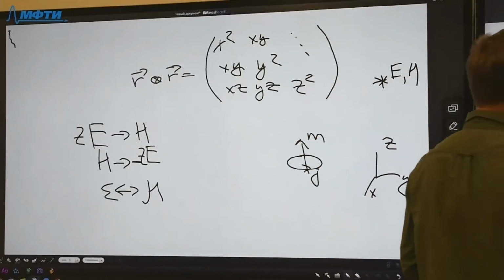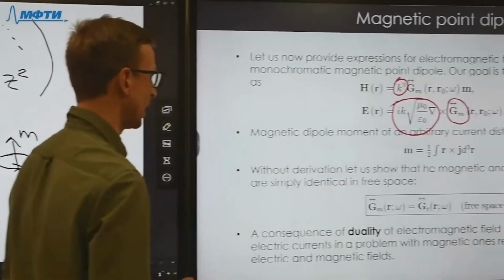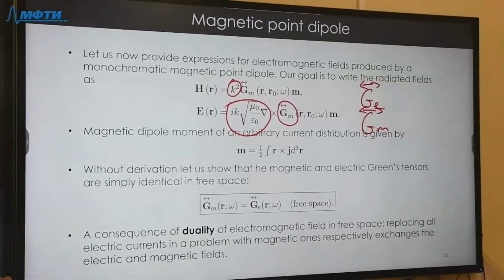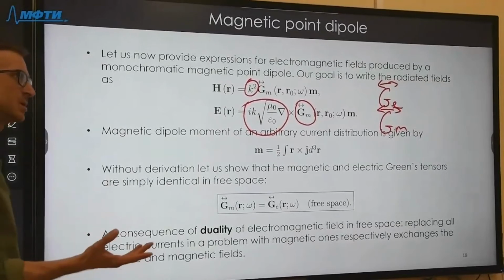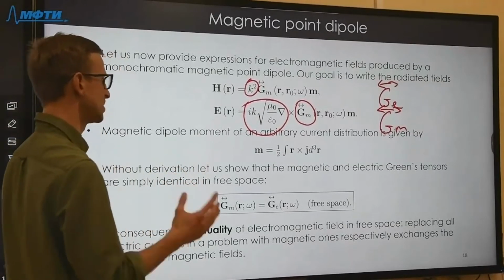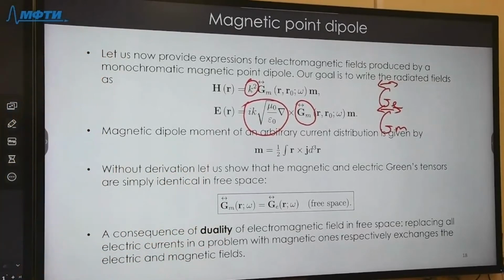And that will have certain consequences later when we introduce the concepts of the local density of states, electric density, magnetic density of states, and we're going to see that duality plays a very interesting role there as well.